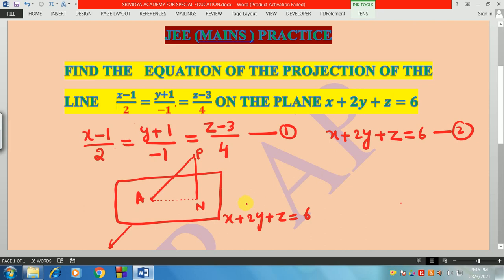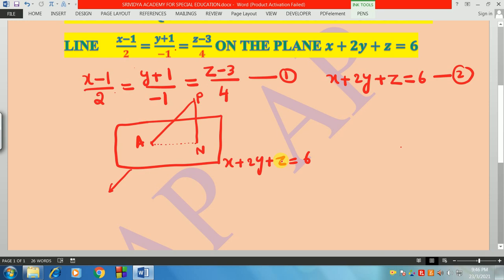To find the coordinates of A, first I will consider a general point on the given line, that is equation 1. So we will take (x - 1)/2 = (y + 1)/(-1) = (z - 3)/4 = lambda. Let us take lambda as the parameter here.